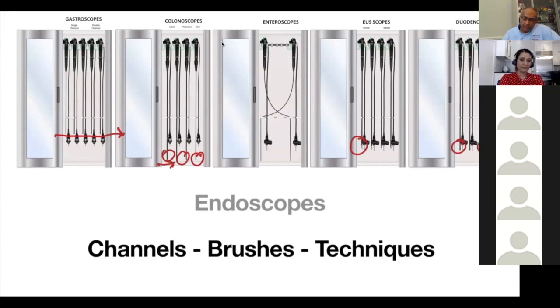So first of all, the scopes are very complex, and they do have channels that need to be cleaned, and you need to use the right brush, and you need to use the right technique. So we're going to talk about why this information about scope design is important for every person dealing with scope cleaning.